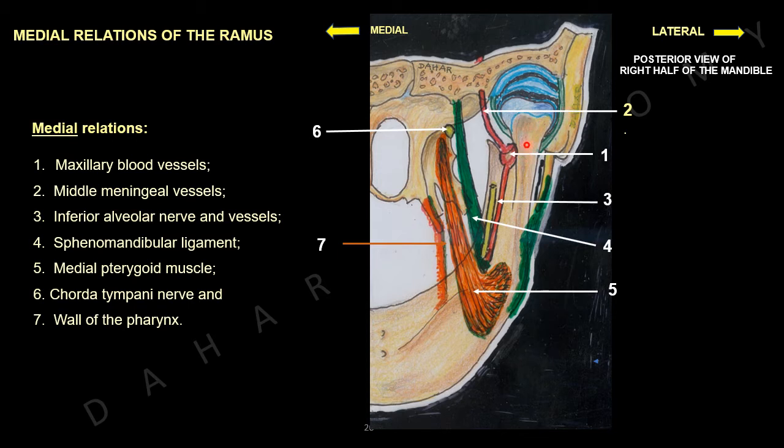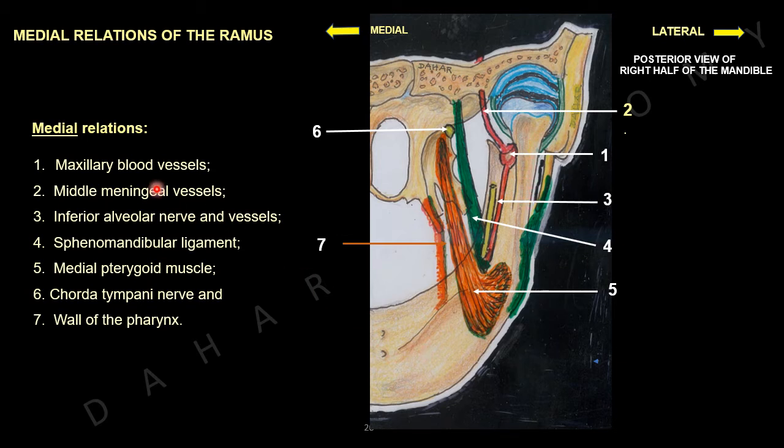This is right ramus of the mandible. This is the angle, that is right side of the mandible, and this is right half of the body of the mandible.